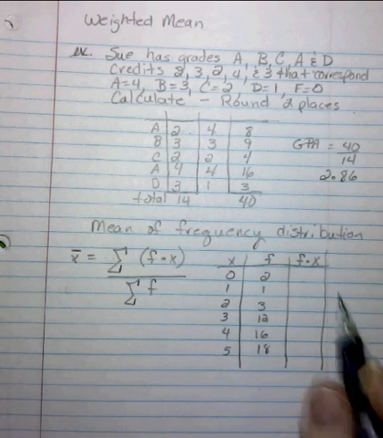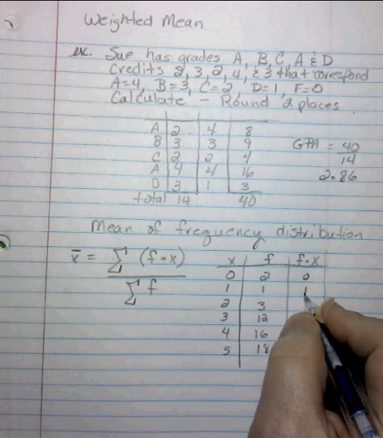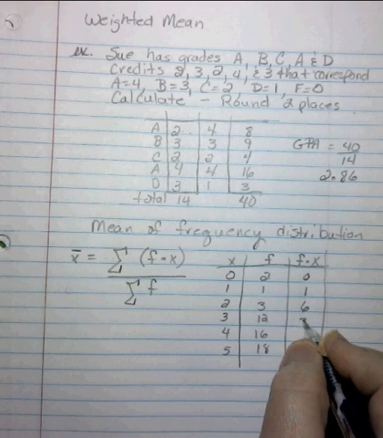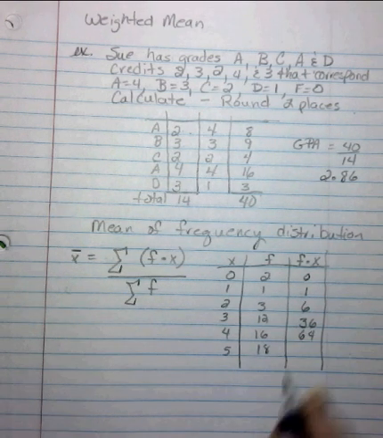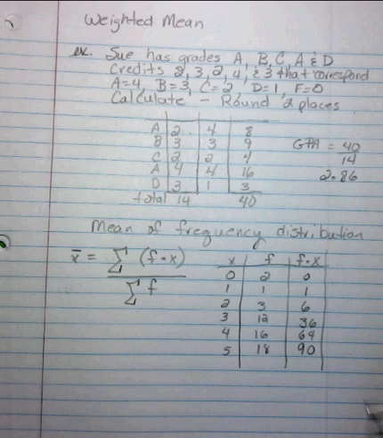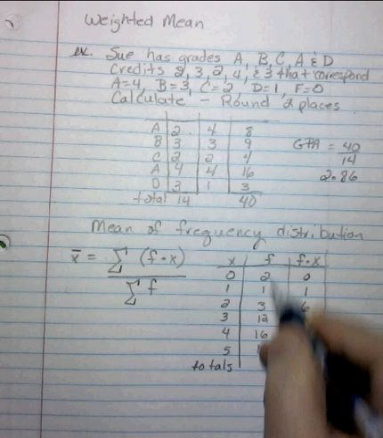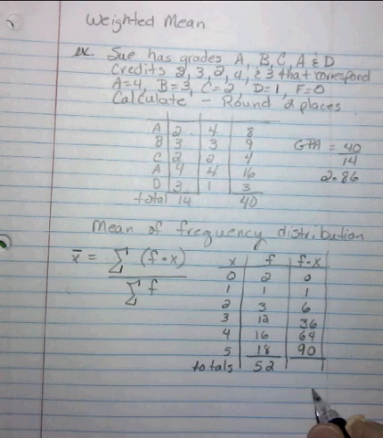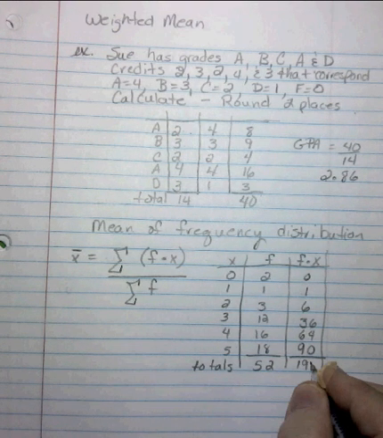And we calculate that. So 0 times 2 is 0. 1 times 1 is 1. 2 times 3 is 6. 3 times 12 is 36. 4 times 16 is 64. And 5 times 18 would be 90. And then, similar to how we did the weighted mean, we need to find some totals here. So we need to find our total frequencies, which is going to be 52, and our total of the frequency times the data, which is 197.